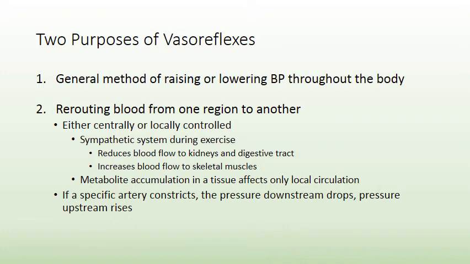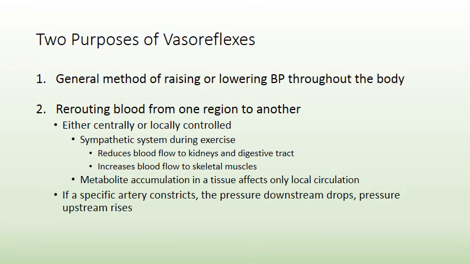So this gives us system-wide control, but also local control. For example, during exercise, we're going to reduce blood flow to the digestive tract and the kidneys, so we're not worried about breaking down food or producing urine when you are out running or shoveling or raking or whatever it is you may be doing.